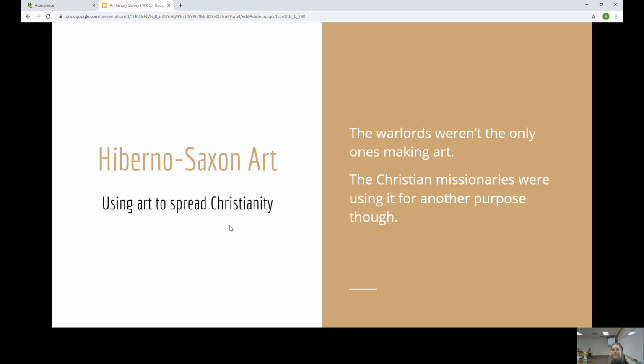Now, Hiberno-Saxon art using Christianity. So eventually, when the Christian missionaries do go to this region, they start using some of the art styles in that region that already existed, but pairing it with Christian icons and Christian imagery to try and educate and sophisticate the barbarians who are illiterate.